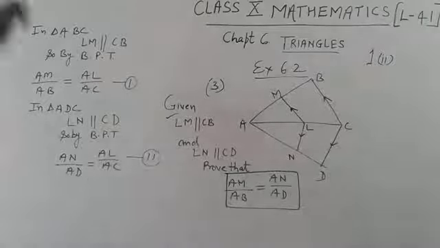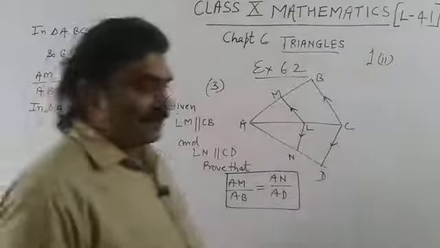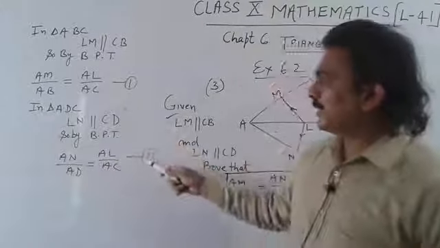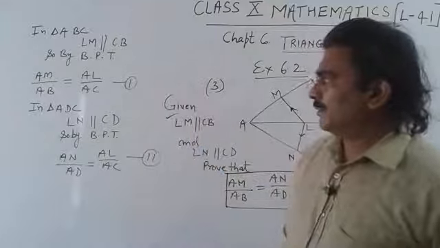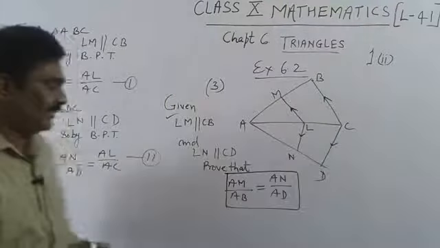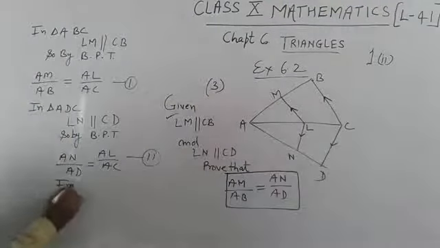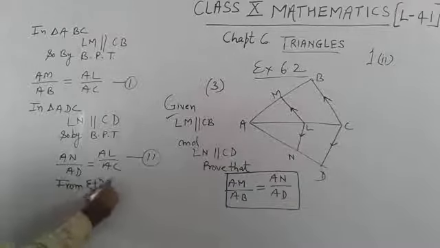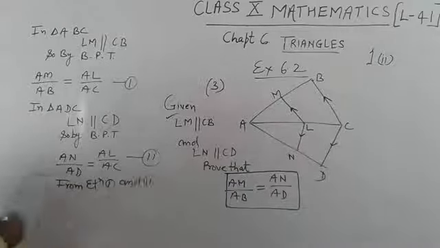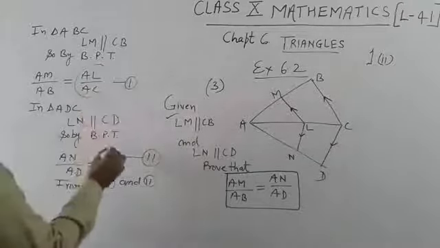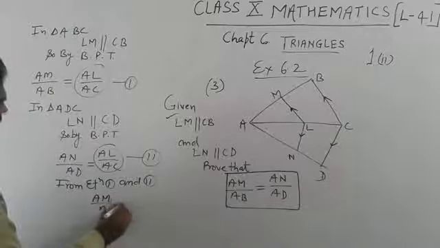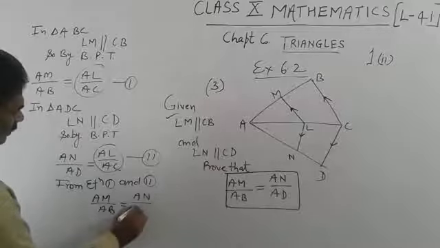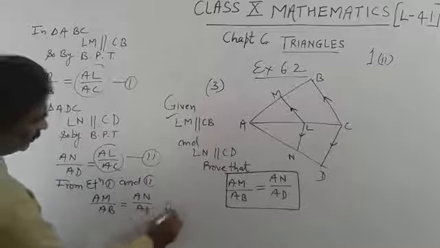Students, we have two equations, and we observe that in both the equations right hands are equal. The value at right hand both are equal. So thus from equation first and second, because the right hand side are equal, so we can write AM upon AB is equal to AN upon AD, and it is proved.